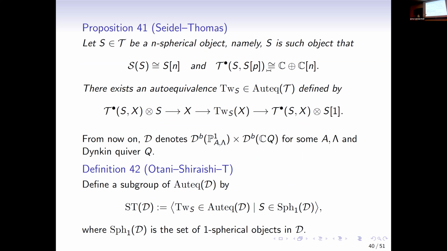So here D denotes the derived category of the orbifold and the linking ribbon. And consider the subgroup of autoequivalences generated by spherical twists.